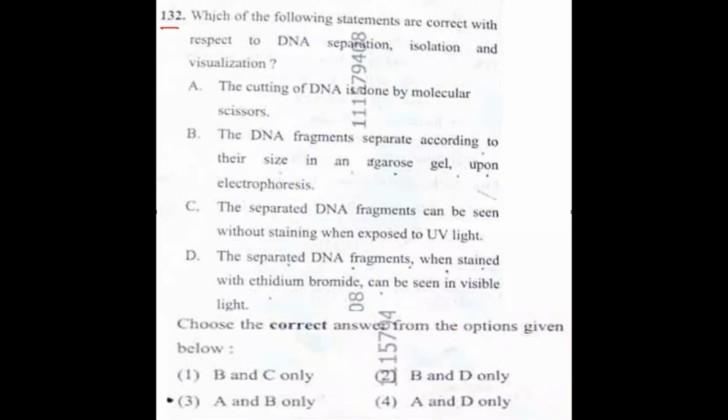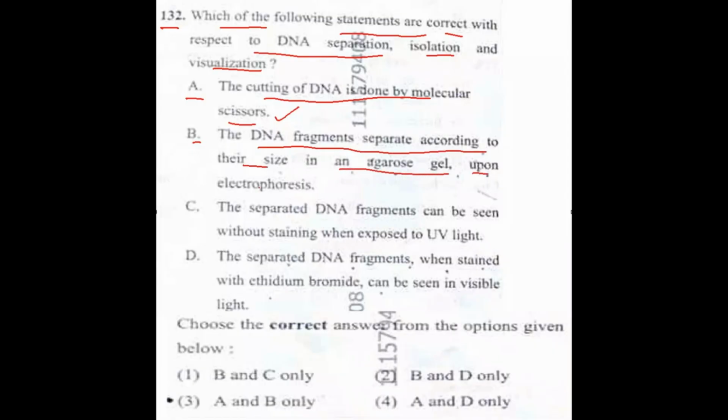Question number 132. Which of the following statements are correct with respect to DNA separation, isolation, and visualization? This is based on agarose gel electrophoresis. Option A, the cutting of DNA is done by molecular scissors. That is correct. Option B, the DNA fragments separate according to their size in an agarose gel upon electrophoresis. That is also correct.